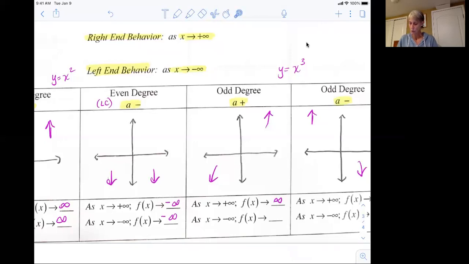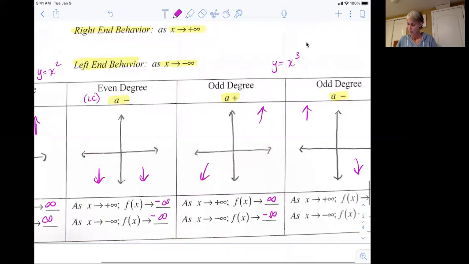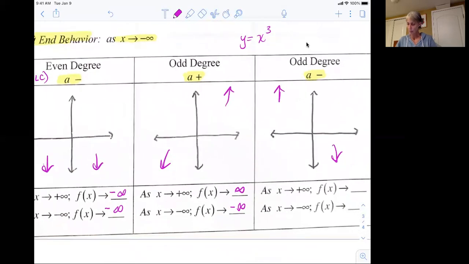And as x goes to negative infinity, our function goes to negative infinity. In the last example, as x goes to positive infinity, f of x goes to negative infinity. And as x goes to negative infinity, the graph is going to positive.